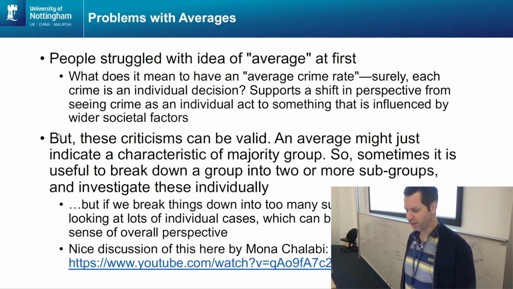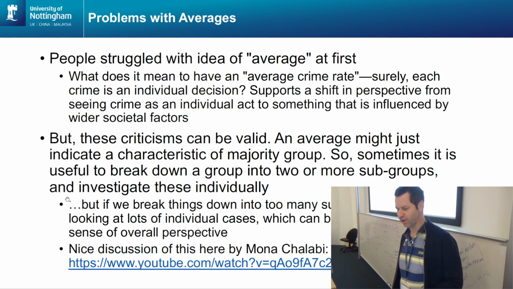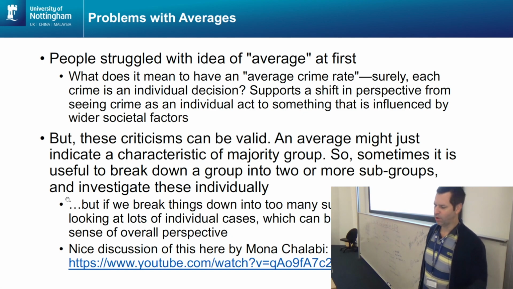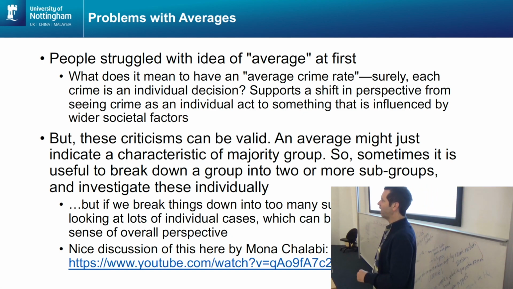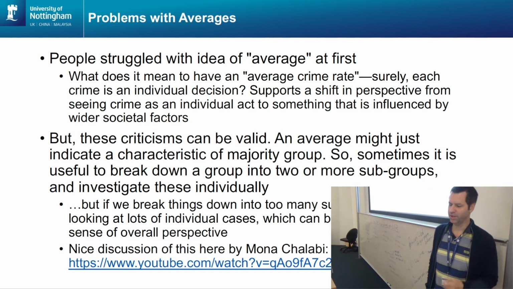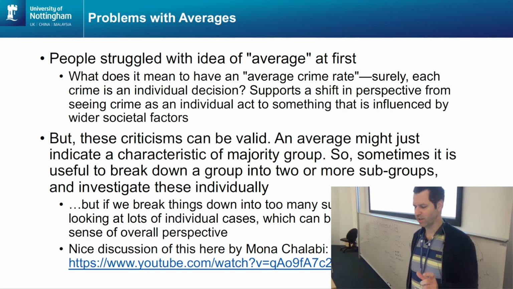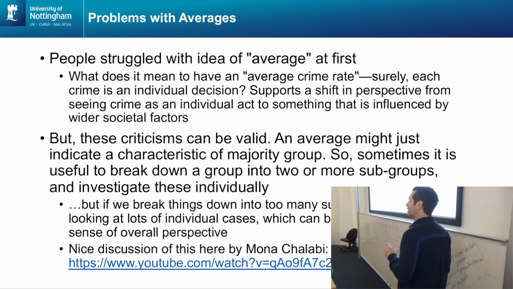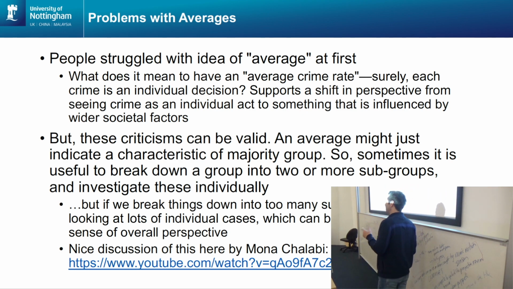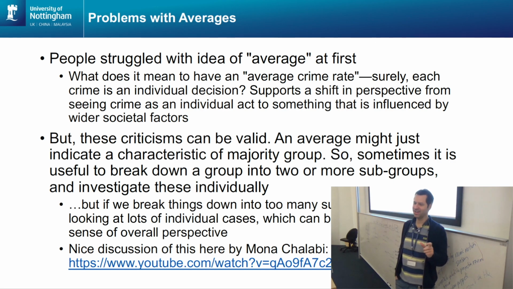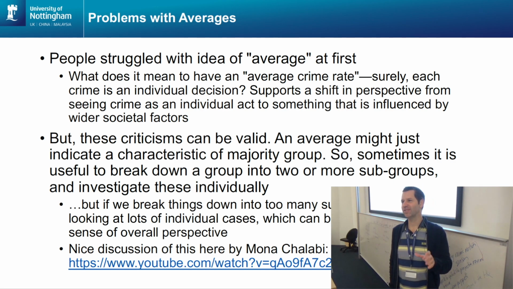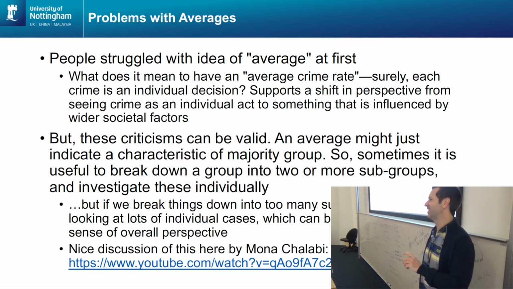An average might indicate a characteristic of a majority group, but it might also be more interesting to subdivide the population or the data set into subgroups and investigate the subgroups individually. An obvious example is, what is the crime rate between males as a subgroup and females, right?